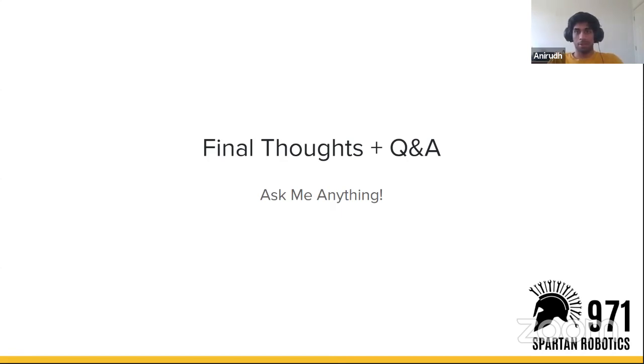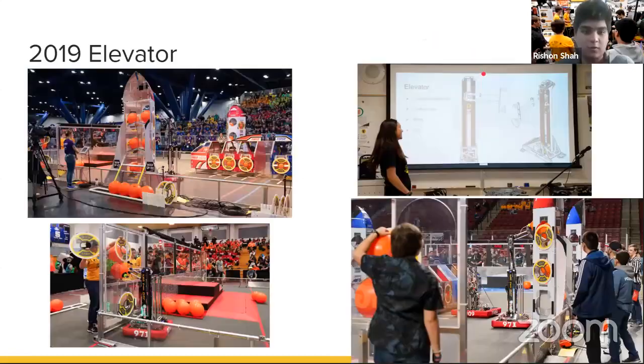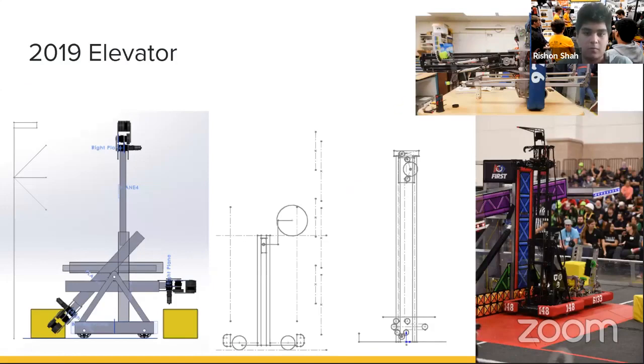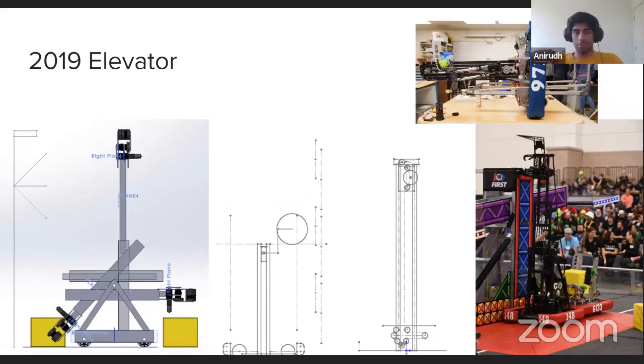What's a differential elevator? Can you go back to the differential elevator slide? So a differential elevator is essentially the same as another type of elevator, but your intake is able to flip through the inside of the elevator. Another example, while not a perfect differential elevator, would be 254 in 2018, where their intake could essentially go on either side.